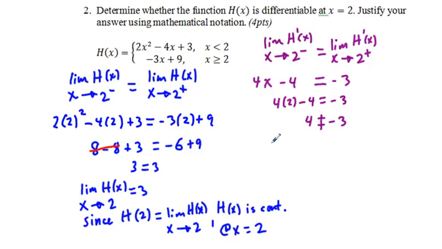Okay, since the limit as x approaches 2 of h prime of x on the left side does not equal the limit on the right side, we say this limit does not exist. Now, it's not "equals does not exist," it just does not exist.